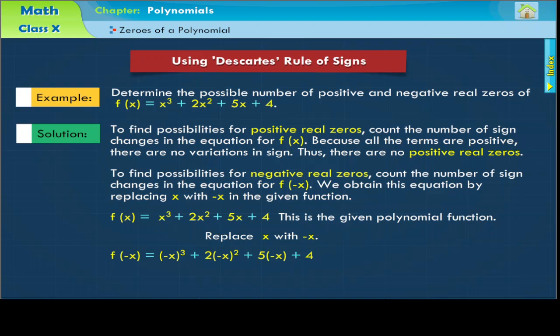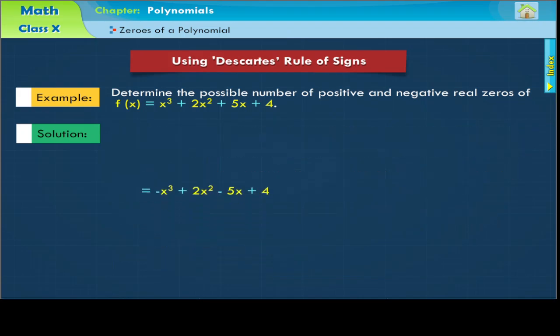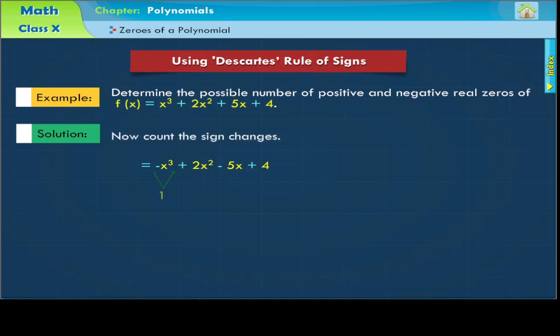Let's observe the following. Now count the sign changes.